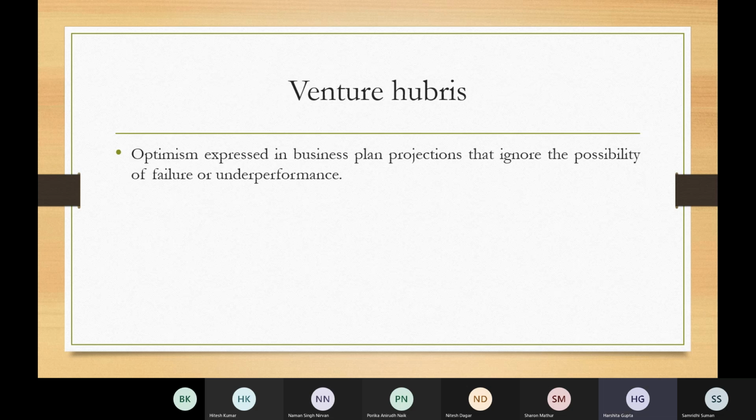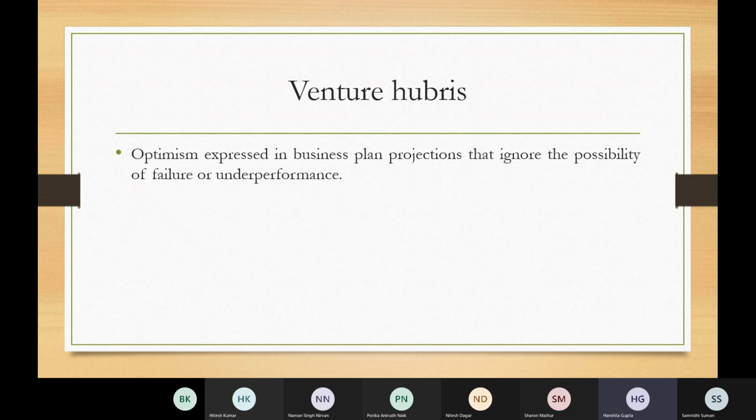Okay, venture hubris. That is optimism expressed in business plan projections that ignore the possibility of failure or underperformance. Basically, suppose Nitesh is starting up a new business manufacturing some new type of robots.